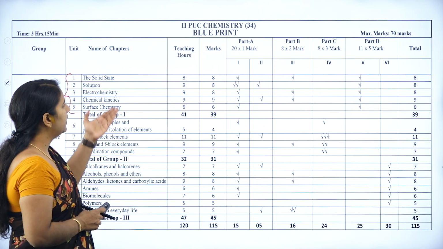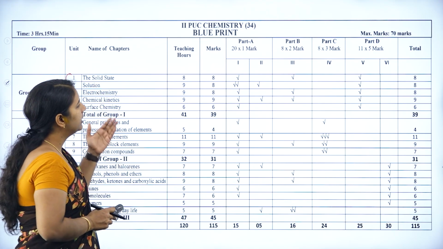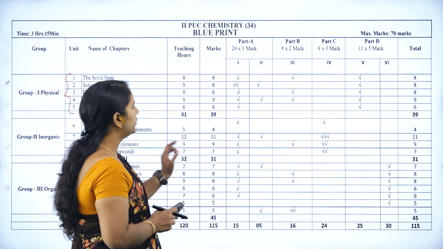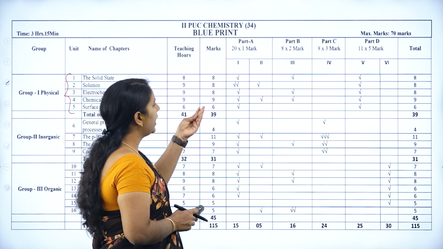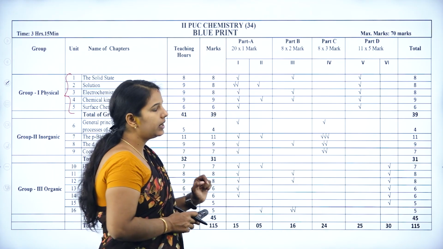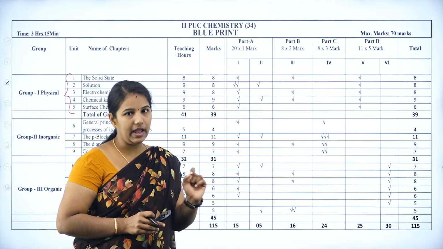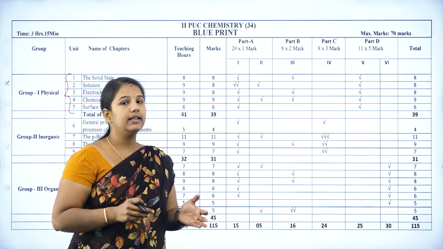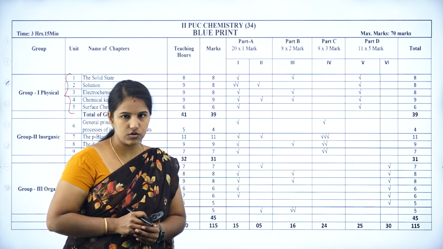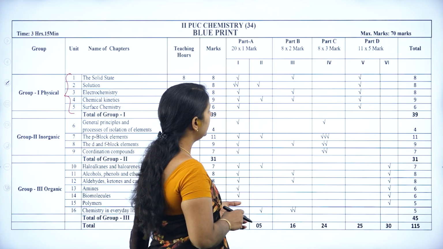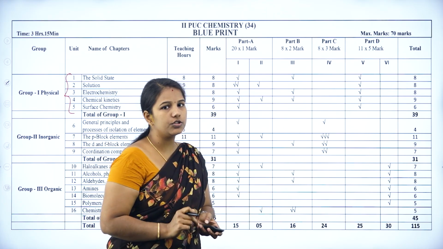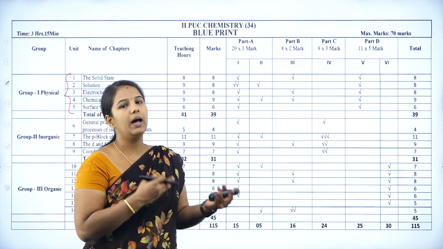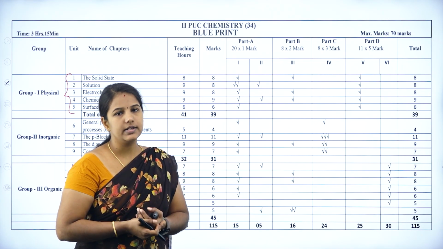You can see that in the solid state, the number of marks allotted for this unit is 8, and you can expect one 1 mark question in part A. Either it may be in the choose the correct answers, or it may be in the fill in the blanks. Then there is one 2 mark question; we'll understand the pattern of the 2 mark question as we discussed today.